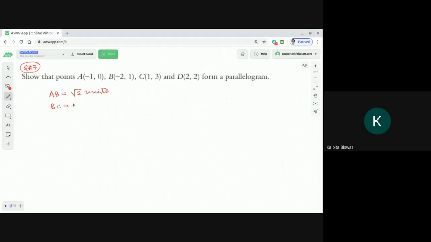Sir, AC I got root 10. Okay, see, so many answers are coming. We'll do it together. CD is equal to root 2. Correct or not? Sir, AC will be root 13. Yeah, I hope so, I got root 13.